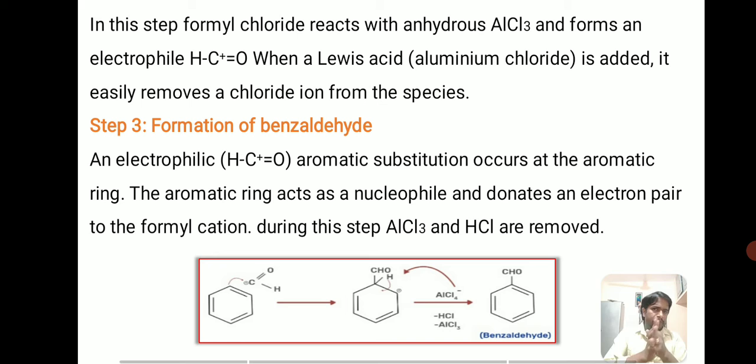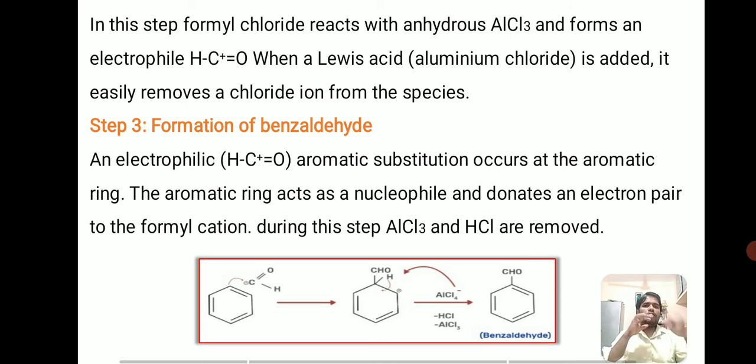In the next step, that is the third step, what happened? Formation of benzaldehyde takes place. The electrophile which is formed in the previous step, that is HCO plus, undergoes electrophilic aromatic substitution at the aromatic ring.